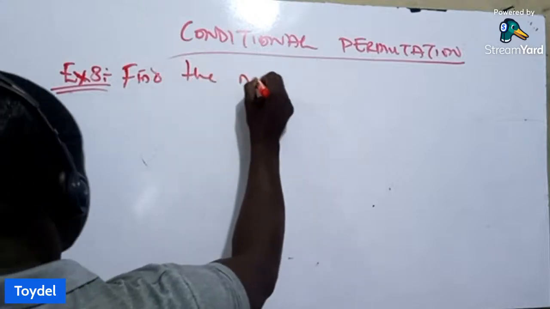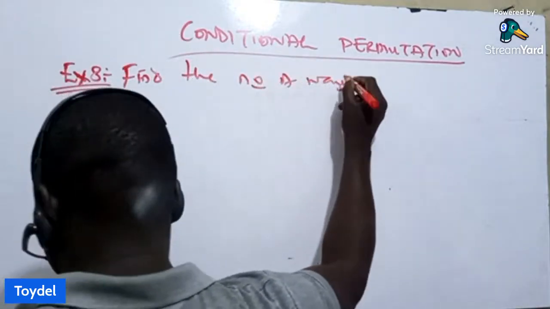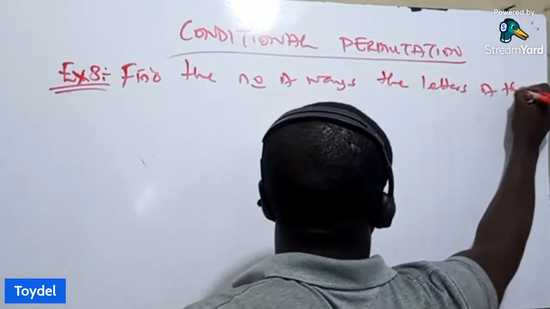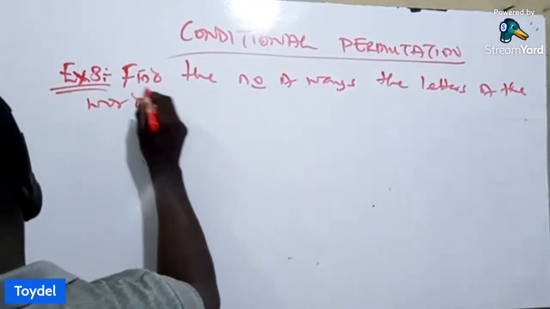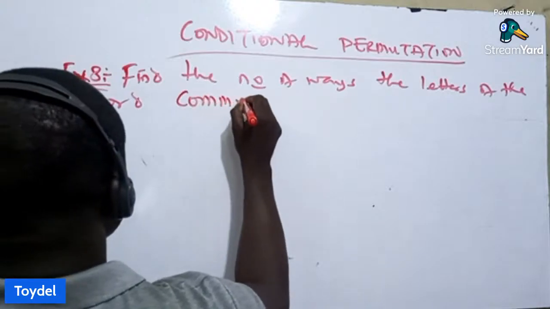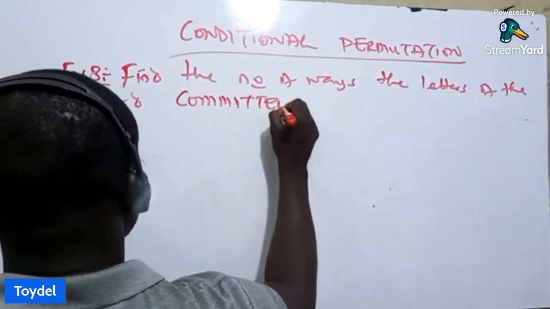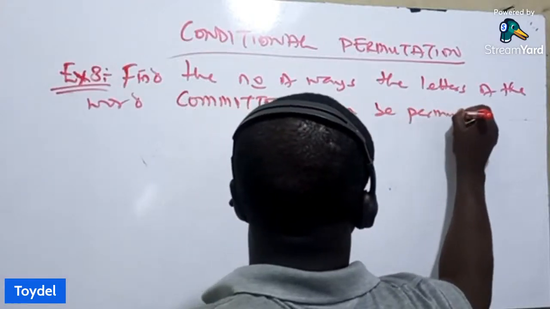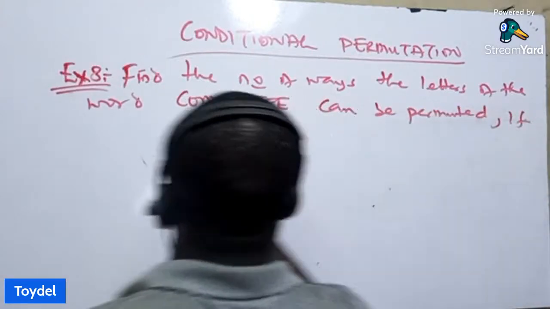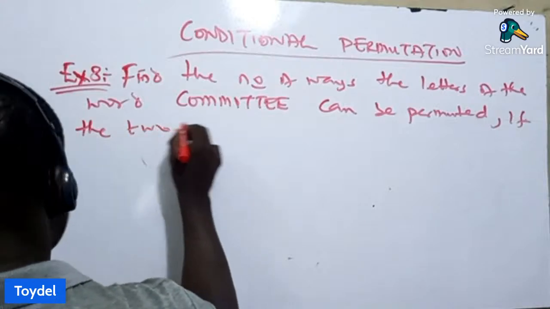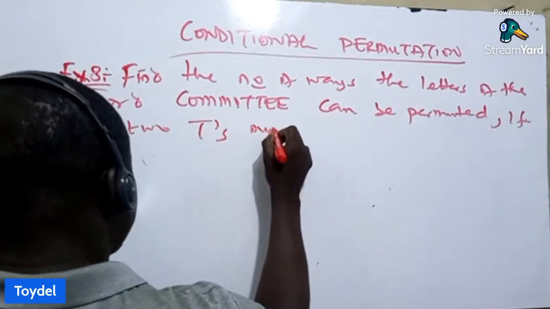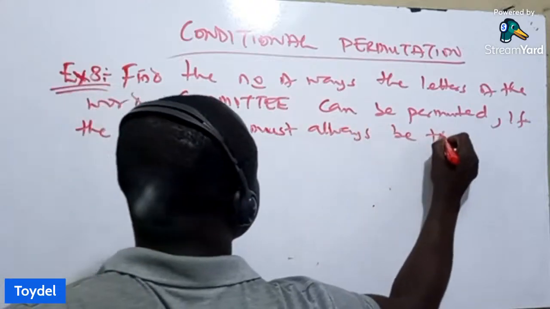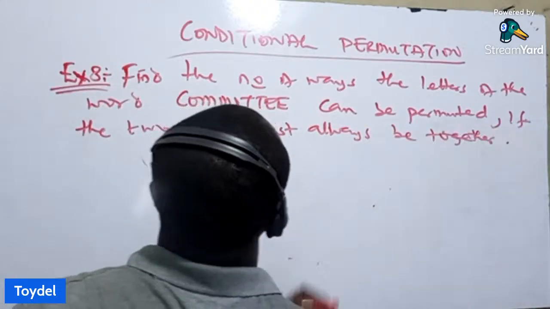Find the number of ways the letters of the word committee can be permuted if the two T's must always be together. So this is the question.